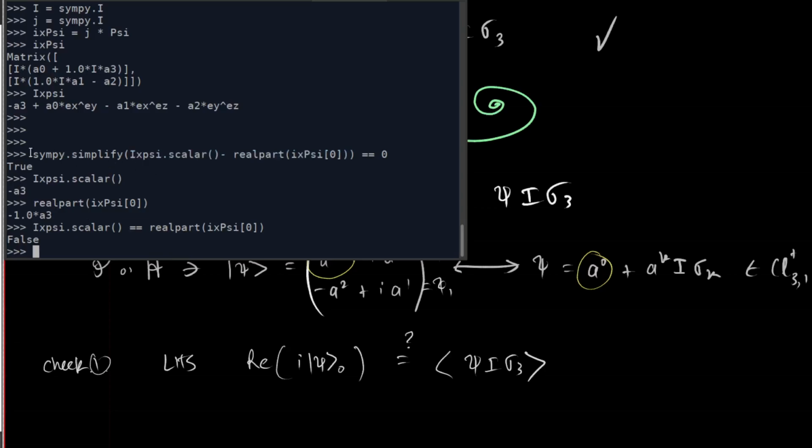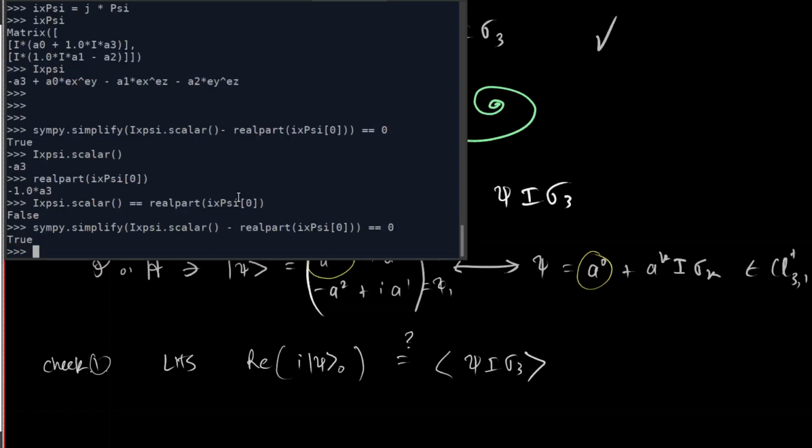So the way to check it is to do a simplification and a negative. We subtract them, and that gives us a 0. Simplifying 0 is always going to work. So it's just a roundabout way of making sure we get a proper comparison: instead of comparing them directly, we subtract one from the other, which should give us a 0.